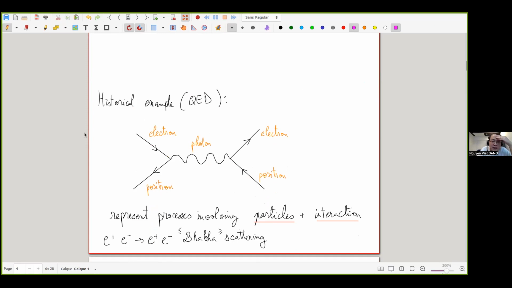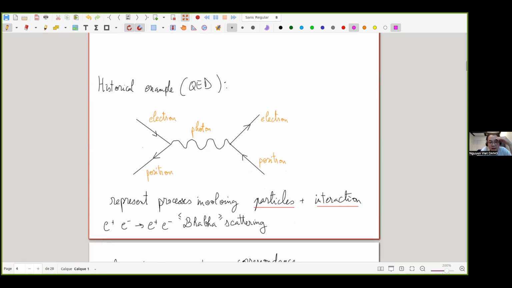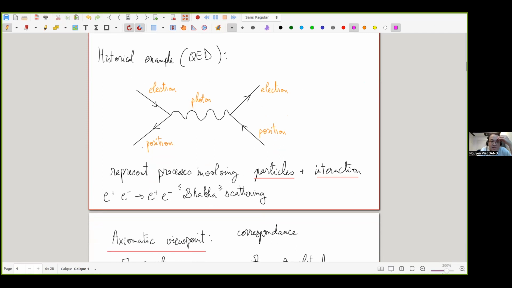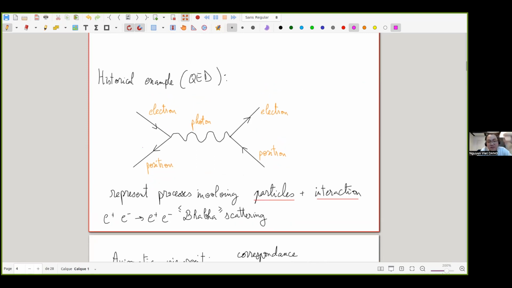For instance, this diagram represents a process involving the electron, positron, and photon, coming from what people call Bhabha scattering. So it has a physical meaning: these diagrams really represent interaction processes between particles in quantum field theory.